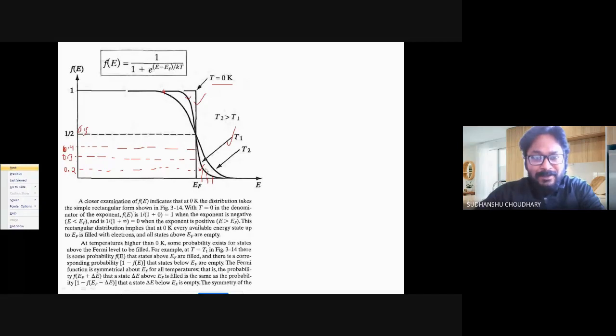So you will find some electrons above EF also, but at higher energy levels you will not find any electron, because somewhere here, let us say, the probability of finding an electron, Fe, is 0, so you won't find any electron here.